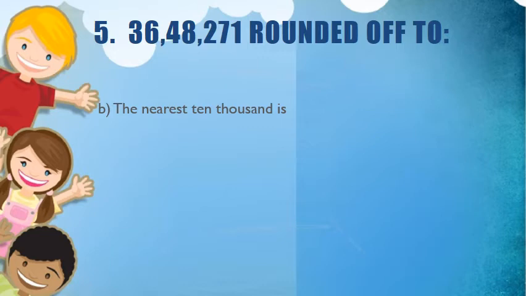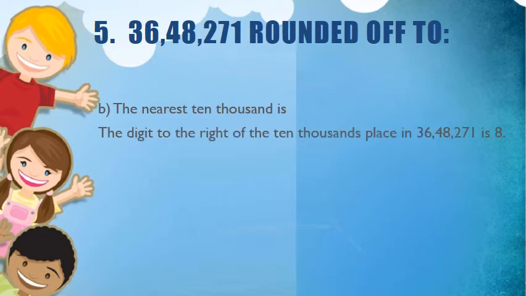So first of all, the digit at the 10,000 place is 4 and the digit to the right of the 10,000 place in 36,48,271 is 8. And children, 8 is bigger than 5, right?